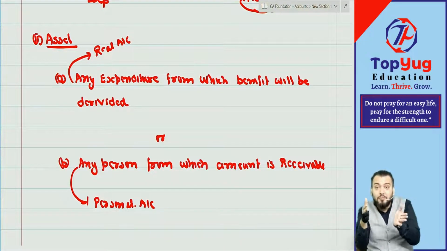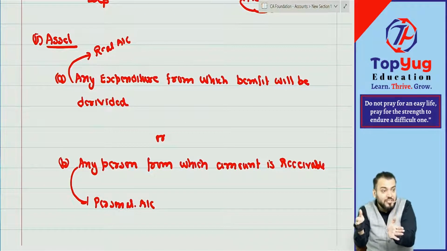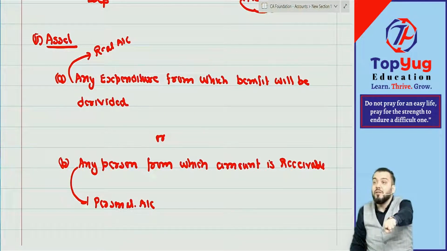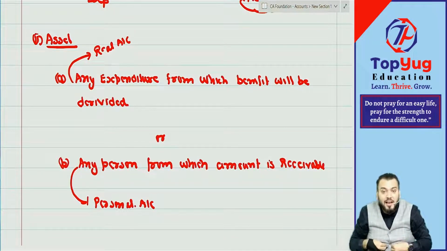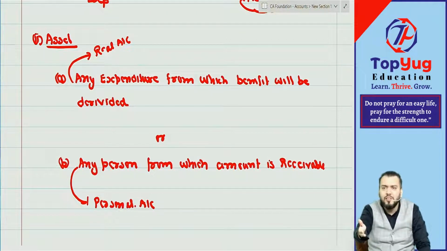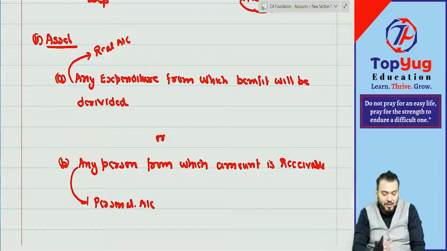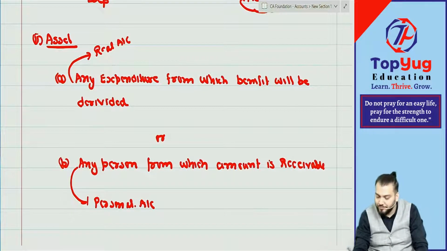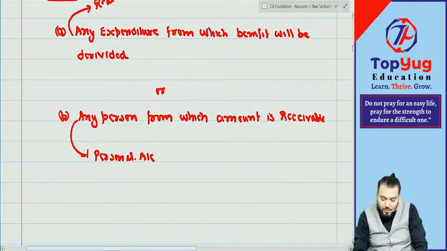So whenever we write down the bank account, that bank balance is a personal account, an amount receivable from the bank, and that is my asset. So it can be a bank, it can be any individual. Are you able to understand? Correct. I think asset also you have understood.